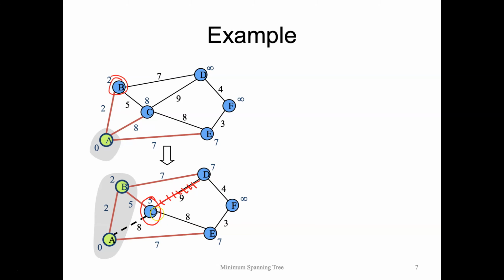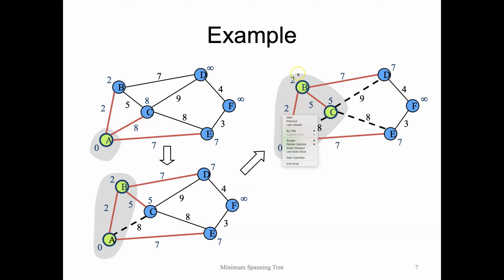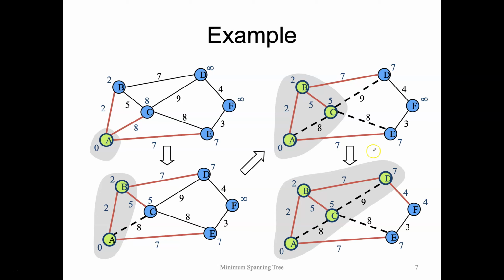But from C to E, again, we won't improve anything because this edge would give a label of 8, and we already had 7, so this doesn't help us at all. Okay, so now that we have the following vertices in the cloud, we take the remaining ones and take whichever one has the smallest distance label. Now in this case, we could choose between D or E because they both have the same value. It doesn't matter which one. We can break ties arbitrarily. So suppose we chose D.